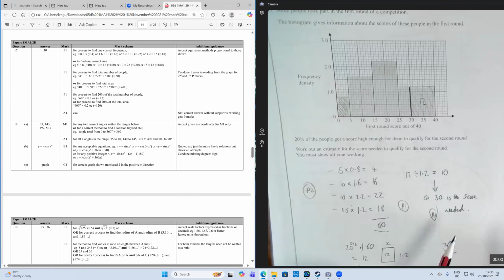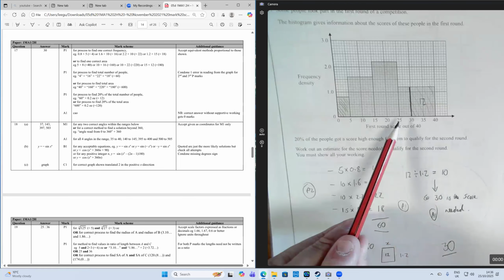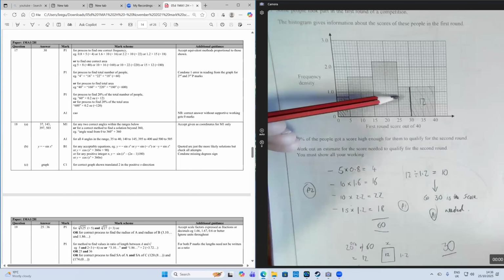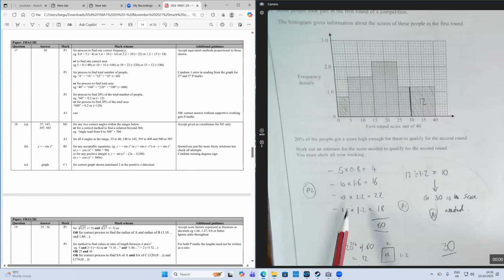And then finally, what have we got here? We have from 25 to 40 is going to be 15. And we have a height of 1.2. So we have 15 times 1.2 is 18. We add all of that together, and that tells us that in total, there were 60 people who took part in the first round of the competition.